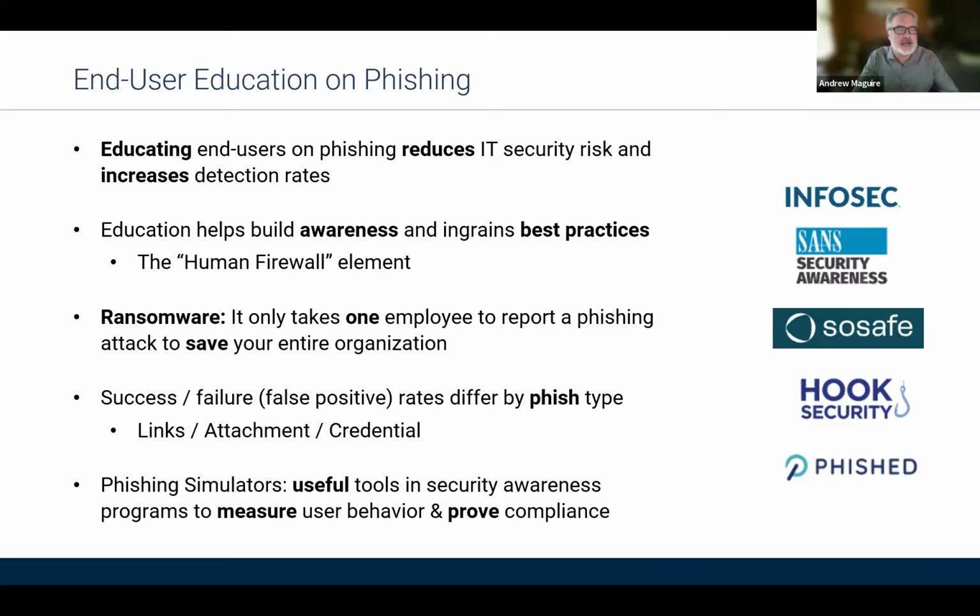Because it basically tips somebody off to say, there's potentially something fishy going on here, no pun intended. But then links are the most clicked and attachments are the second most clicked.